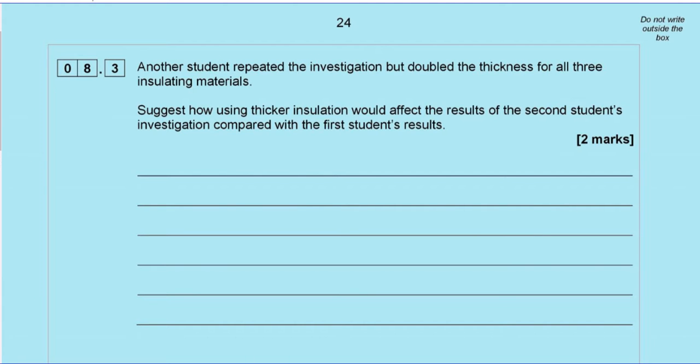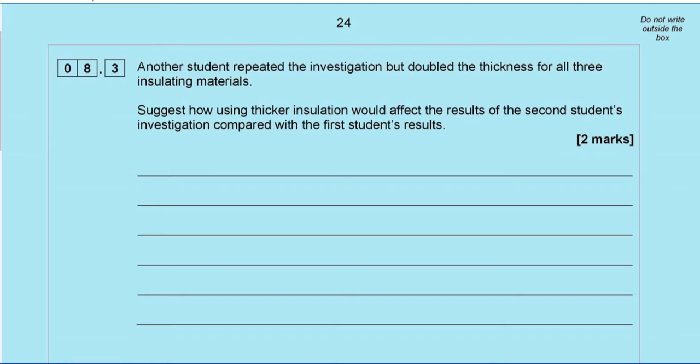And in part 3, another student repeated the investigation but doubled the thickness. So the same 3 insulating materials were used, but this time there was a double thickness of each of those materials. What we've got to do is suggest how thicker insulation would affect the results of the second student's investigation compared to the first.